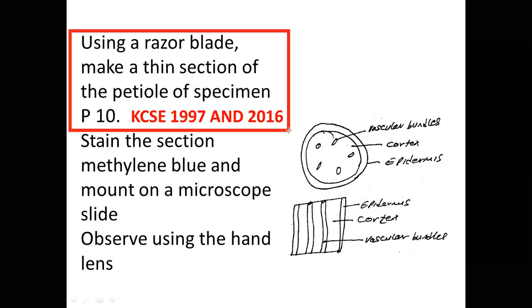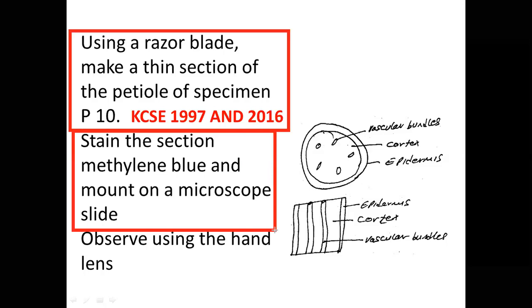Now, remember you are supposed to make as thin sections as possible. Of course, so that we have cells that are not overlapping. Because when cells overlap, light may not pass through and we may not see what we want. Then we are to stain using methylene blue and mount on a microscope slide.